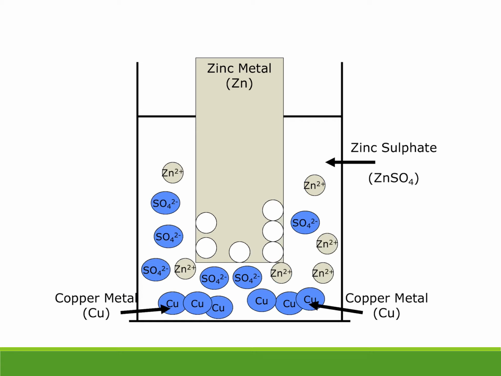They've become copper metal. The sulfate ions didn't do anything. They're a spectator. And the zinc metal will eventually disappear. It'll eventually completely disappear if we have enough copper sulfate solution. So this is a direct transfer because we've taken electrons from the metal and we've transferred them to the copper. Okay, so we get copper metal in zinc sulfate solution.